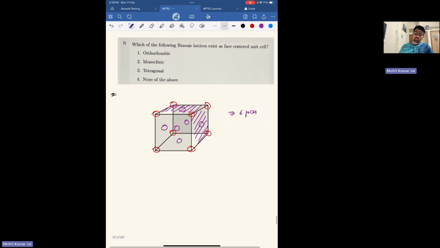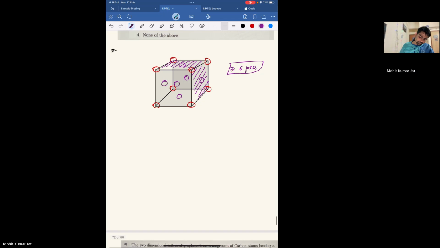Now coming to the orthorhombic. The orthorhombic is the one where if this is your a, we call this one as a, this one as b, and this one as c. Let me call these the 3 sides of the cuboid. Cuboid is there. Okay?